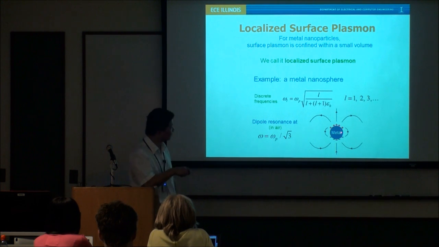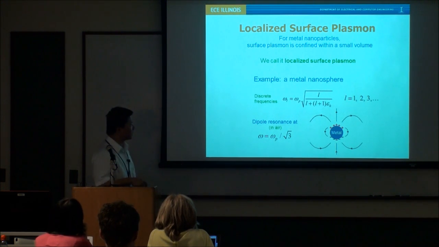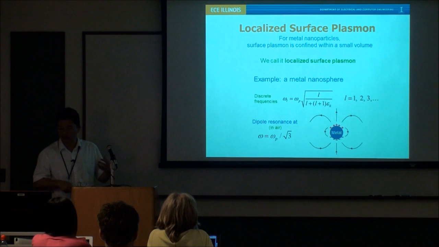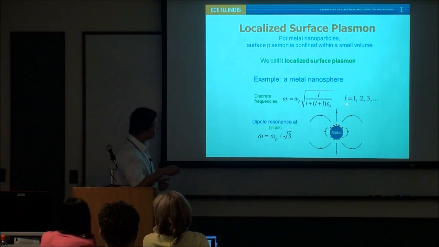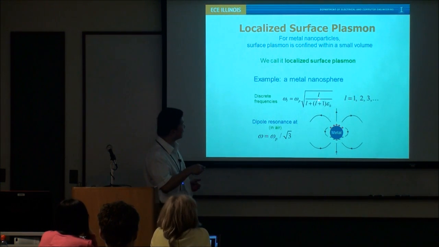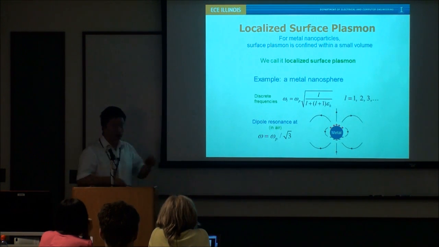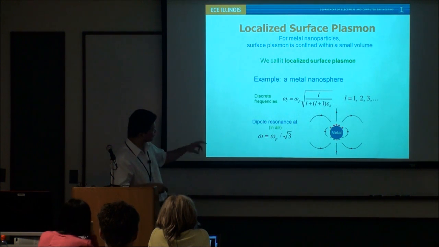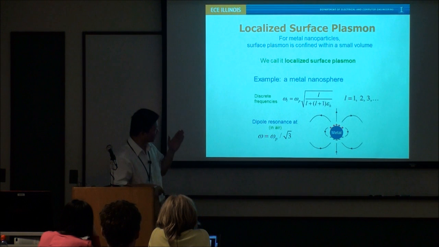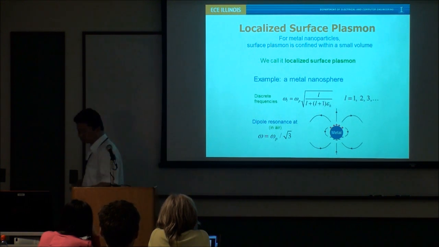For example, in spheres, if you look at the fundamental mode, which is a dipole mode, you make L equal to 1 here. L is the mode number, okay? If you make the mode number equal to 1, then your dipole resonance frequency in a sphere equals omega p divided by square root of 3.